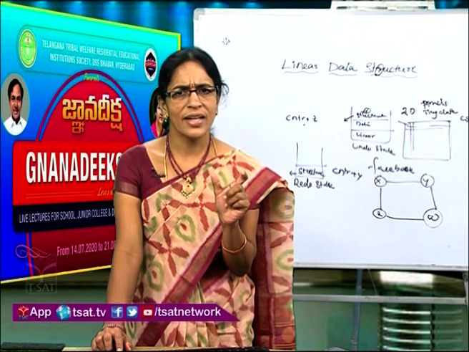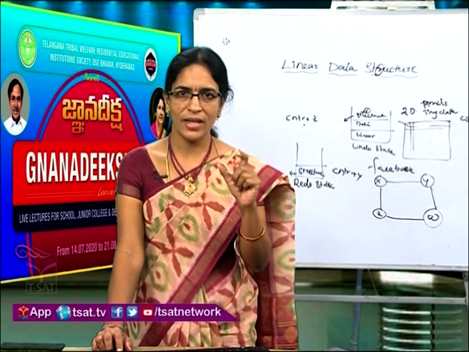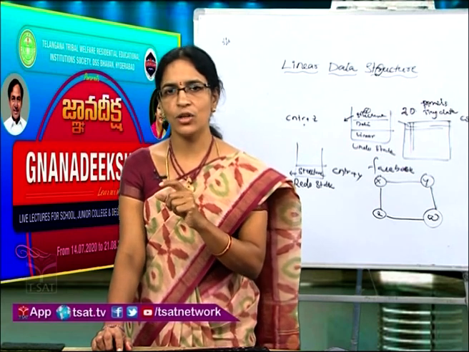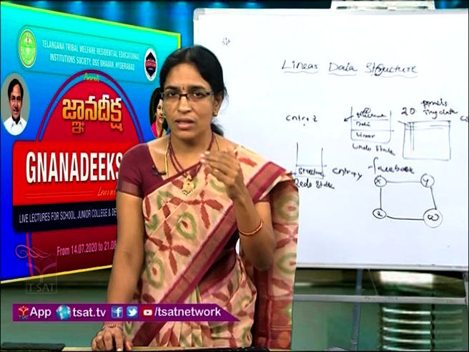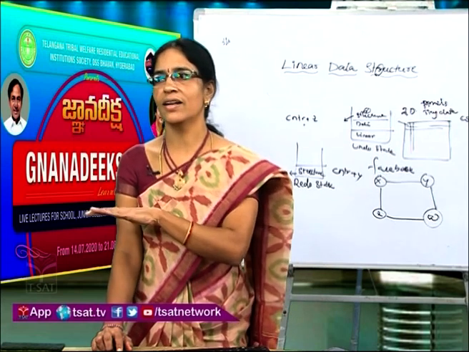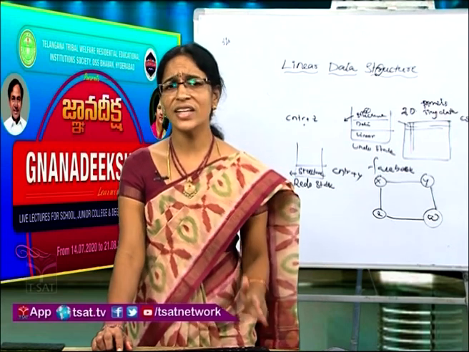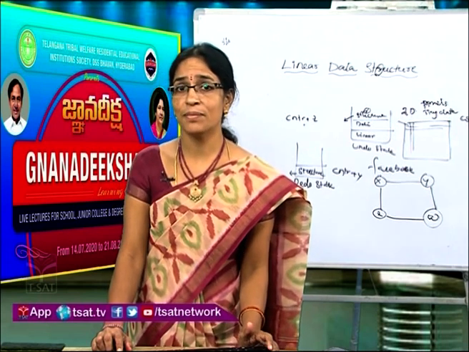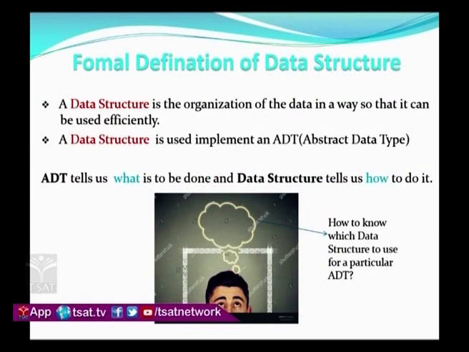That means an abstract data type is given some operations and some values, and how those operations are implemented is not known by the clients or users. That is nothing but an abstract data type. The abstract data type tells us what is to be done, and the data structure tells us how to do it.